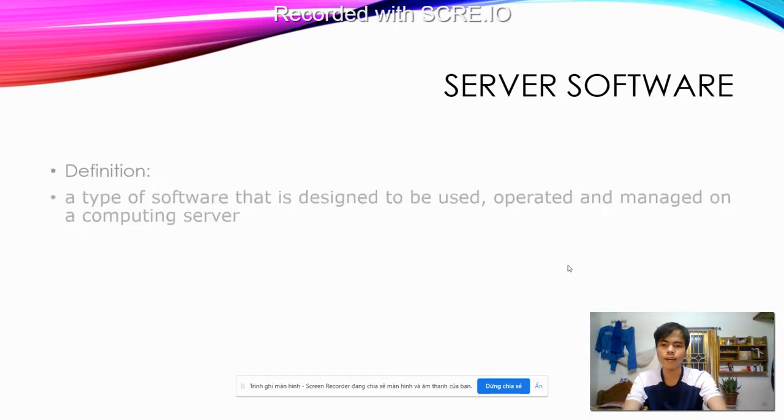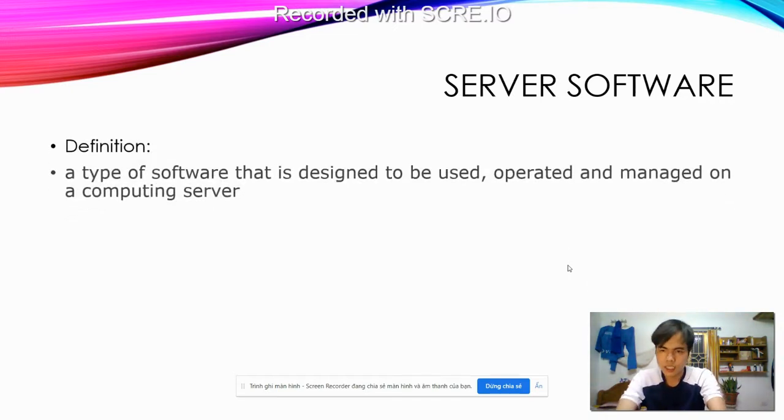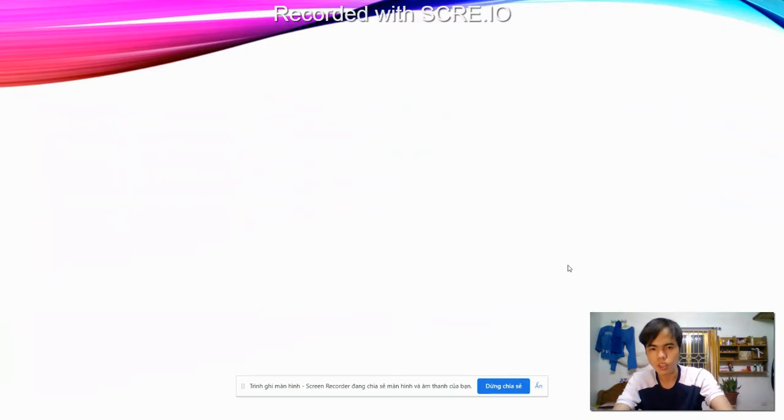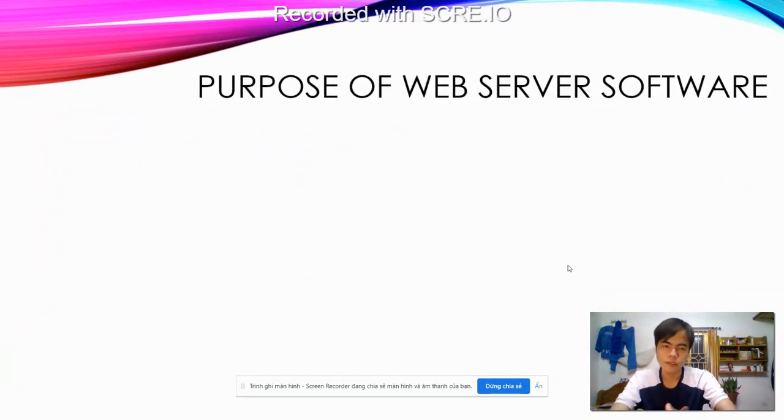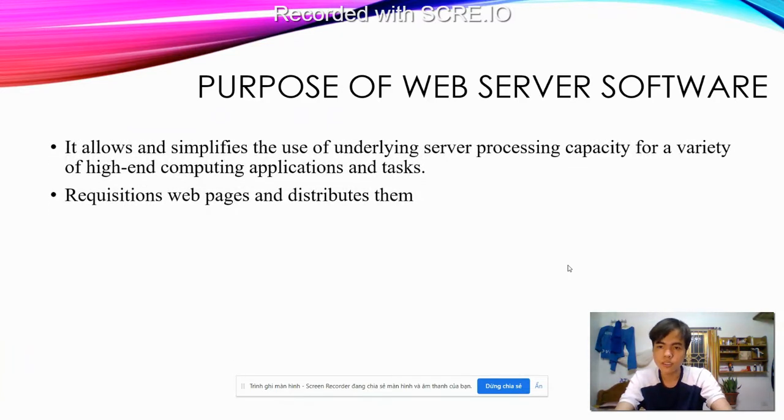Server software definition. A type of software that is designed to be used, operated, and managed on a computing server. The purpose of web server software is to allow simple use of the underlying server processing capacity for a variety of high-end computing, application, and tasks.